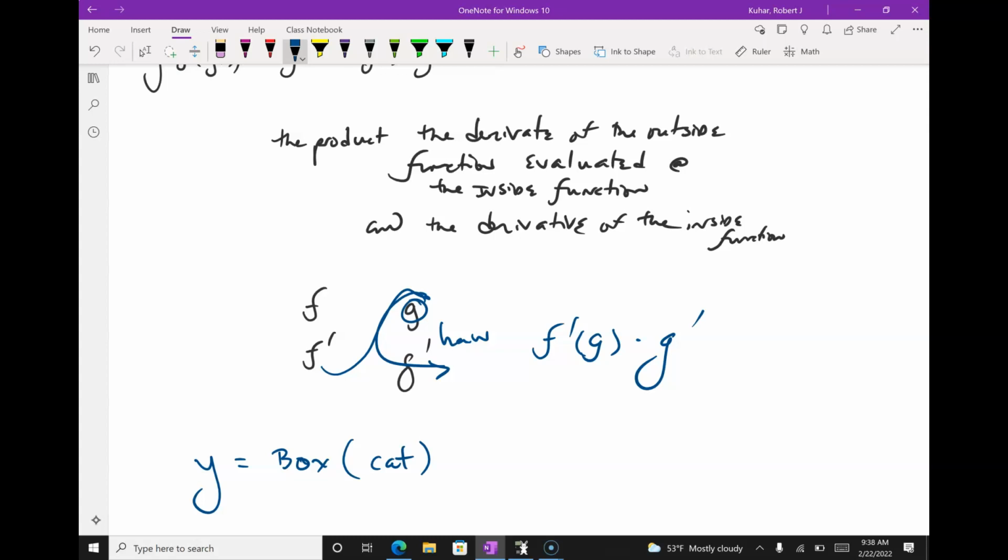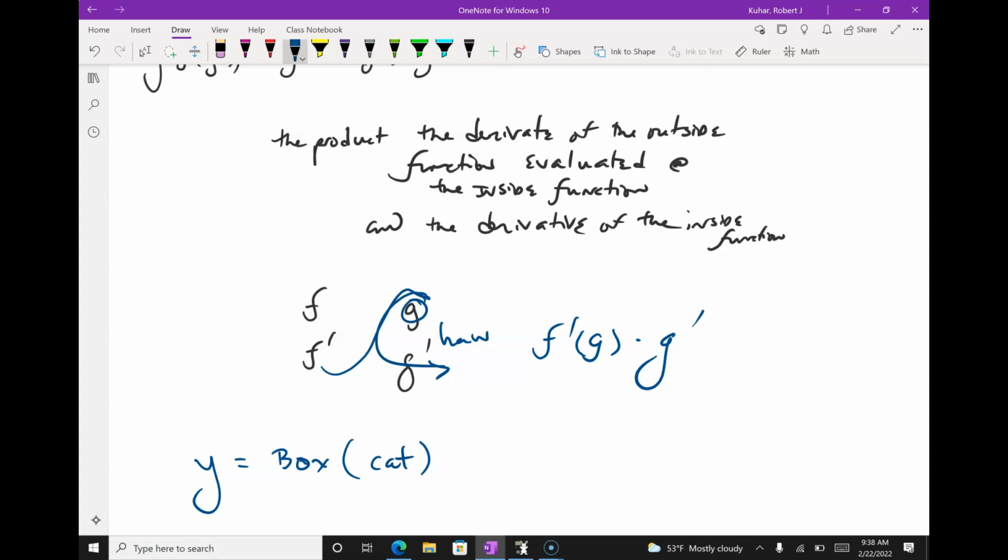Couldn't the cat be freaking out inside? Couldn't the cat feel like sliding and start freaking out? And maybe now it's jumping all over the place. So now see what is happening to the box. The box is changing with the cat in it, and the product of that change and how the cat is changing is giving me my overall derivative.